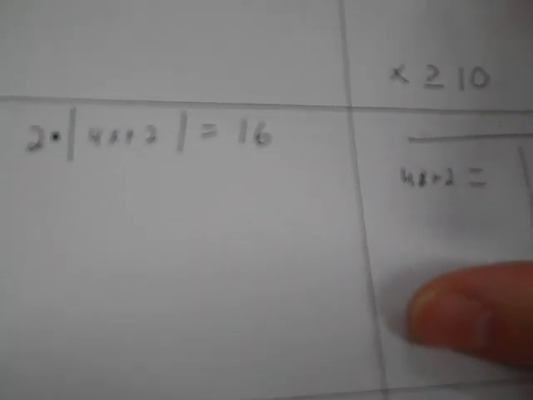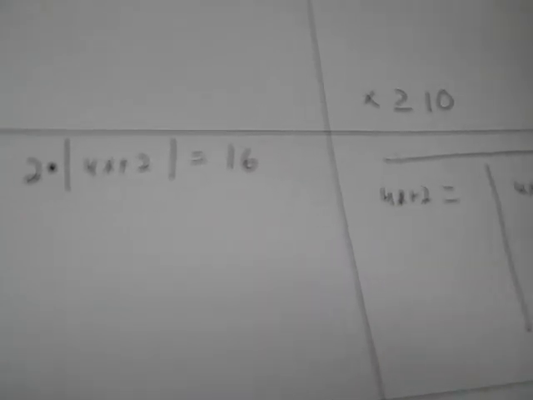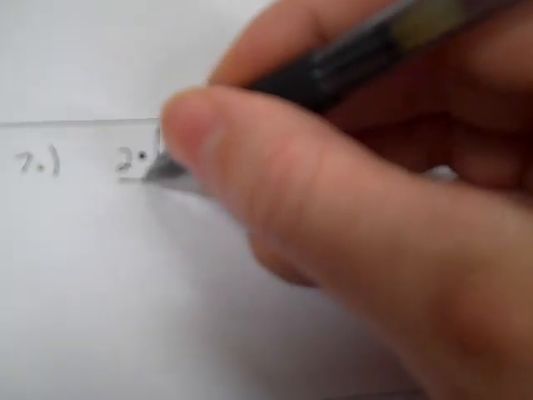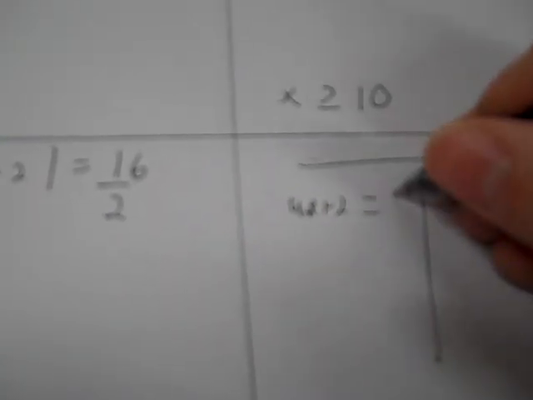Again, 4x plus 2, 4x plus 2. Now, I don't know what this is equal to because I have a multiplication operation of 2. Now, again, you don't distribute. Instead, what you do is the opposite of multiplication, which is divide by 2, and then that operation is canceled. Then I divide 16 by 2, and that's 8.